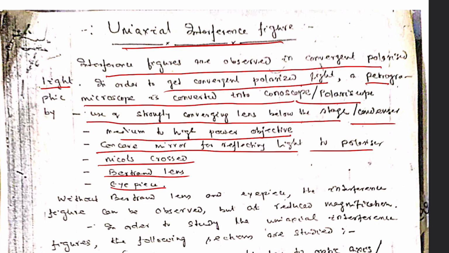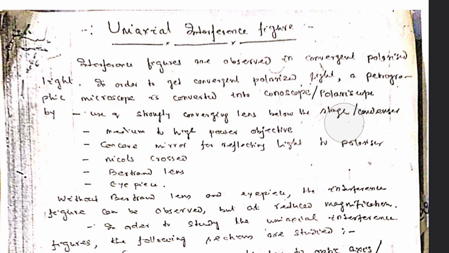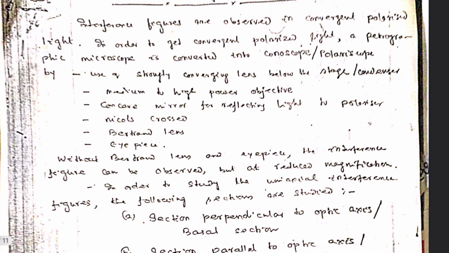Eyepiece is used. Only in this condition can we convert the petrological microscope into a conoscope, and under this condition we get cones of light rays like this. So these are the parts which are used to convert the microscope into a conoscope.